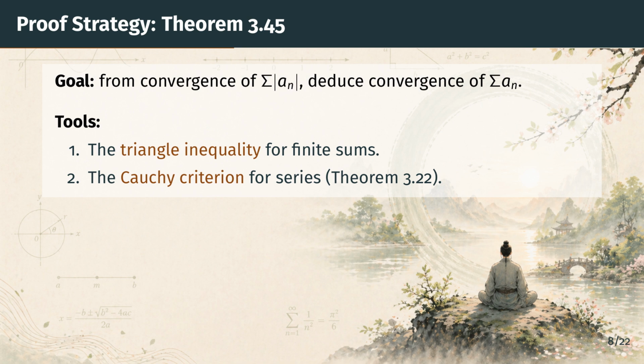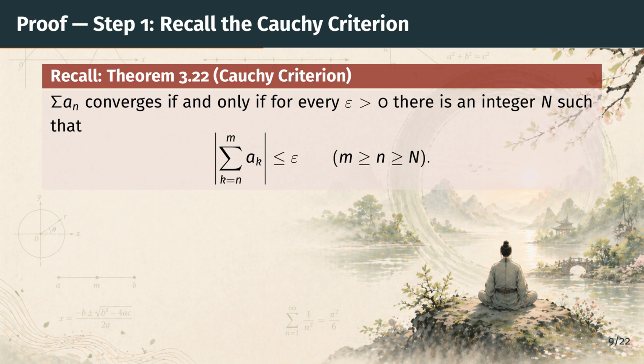Let's recall the Cauchy criterion, the tool shown in the red box. The Cauchy criterion, Theorem 3.22, says a series converges exactly when its tail sums can be made arbitrarily small.